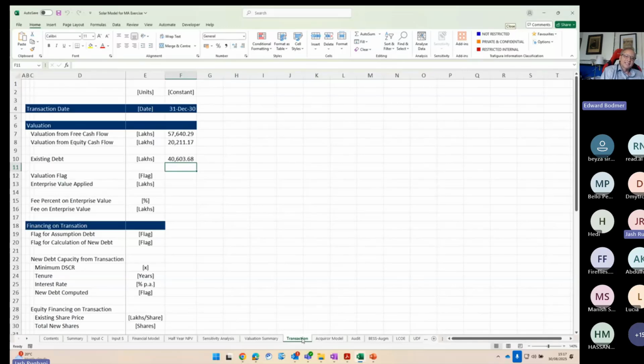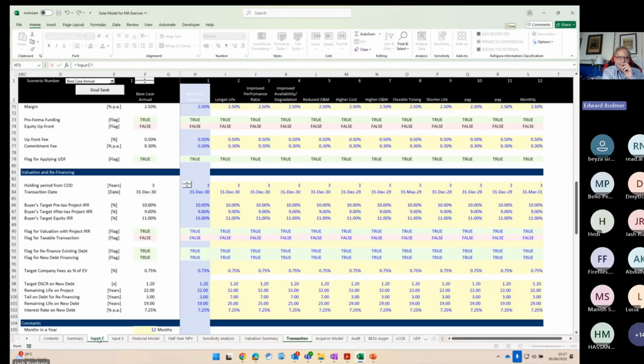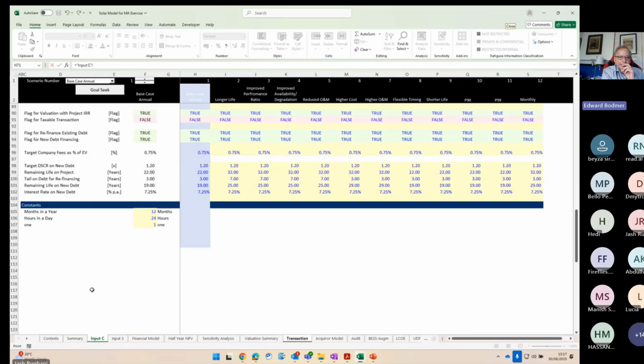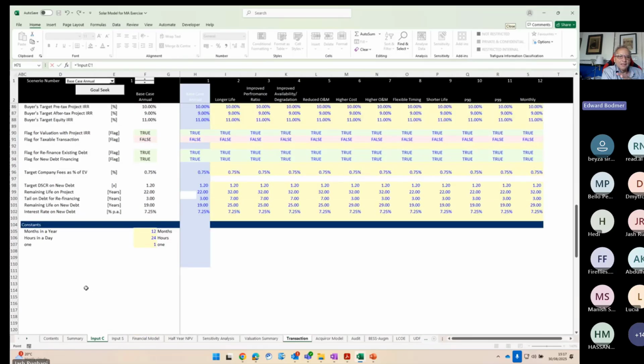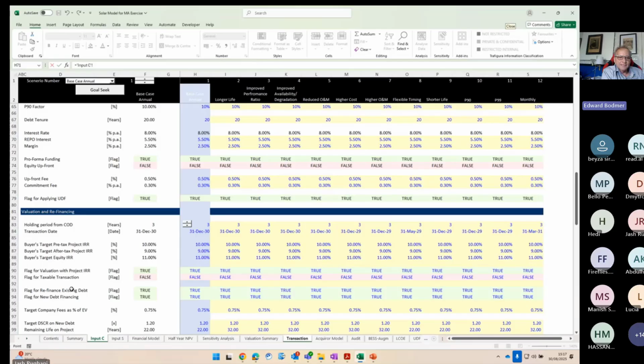Then I said, let's decide, are we going to use equity value or enterprise value? I put an equal sign, and then go back to the Input C page. I forgot what I did here. Go up a little bit. Right there, it says a flag for valuation.